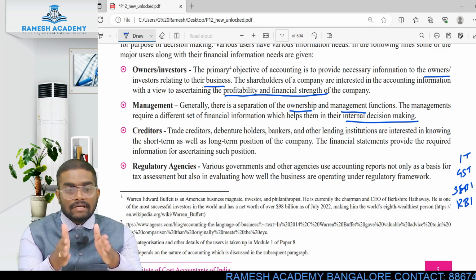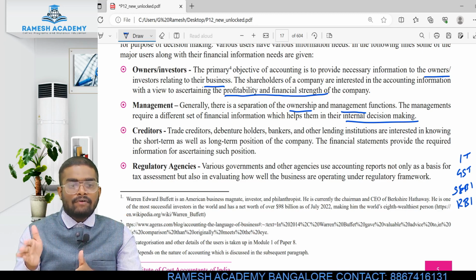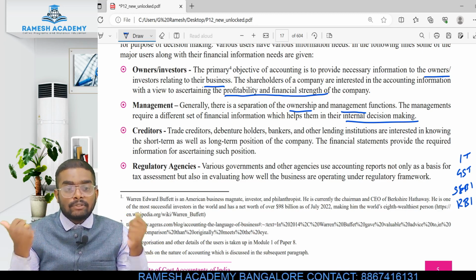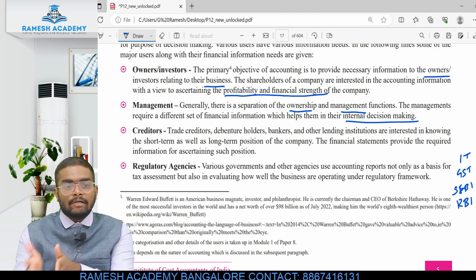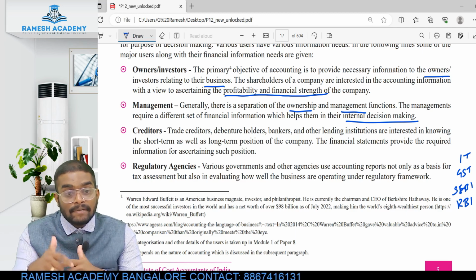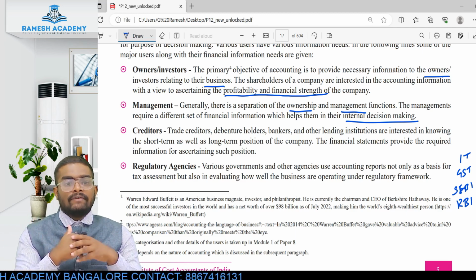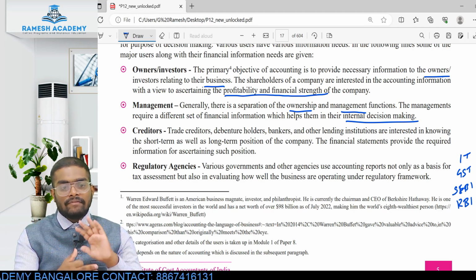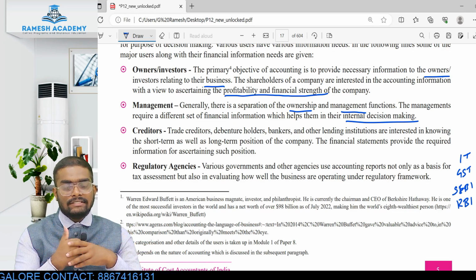GST department, whether the particular business entity is paying GST, are they making any fraud, are they claiming any wrong input tax credit claim, and all those things. Now SEBI will come into picture if the company is listed on a stock exchange. For example, we have Reliance, we have the Tatas, we have the Infosys, we have some government companies as well, like the IRCTC and all those things.